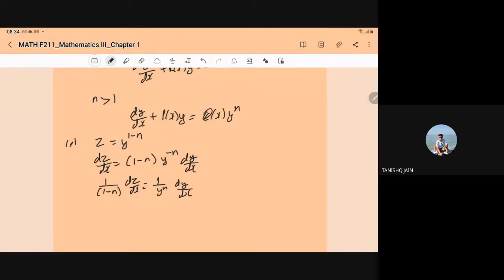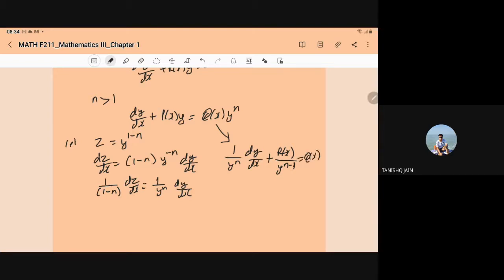And from here, if you divide the whole equation by y to power n, we get 1 upon y to power n dy by dx plus p(x) upon y to power n minus 1 is equal to q(x).